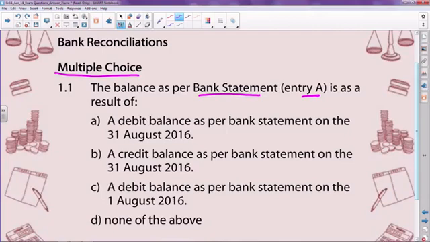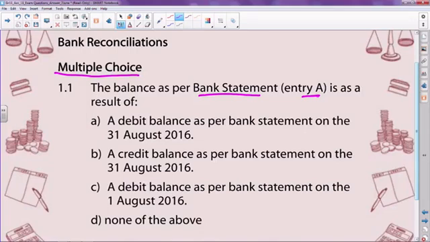B, a credit balance as per bank statement on the 31st of August 2016. C, a debit balance as per bank statement on the 1st of August 2016. And then alternate D, none of the above.